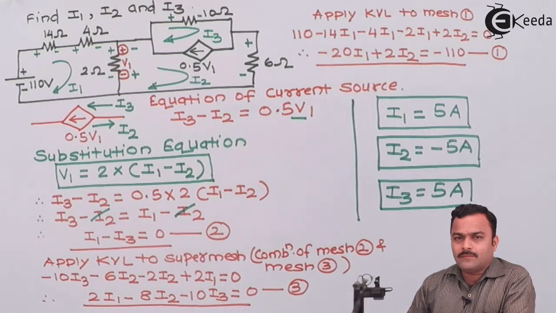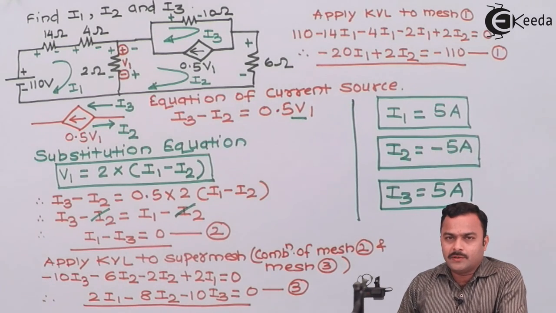So here we have solved a problem where a current source is present between 2 meshes by applying the concept of super mesh analysis. Thank you.